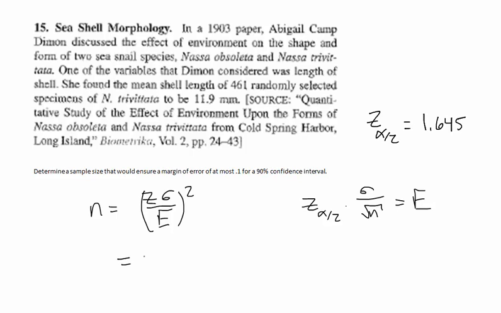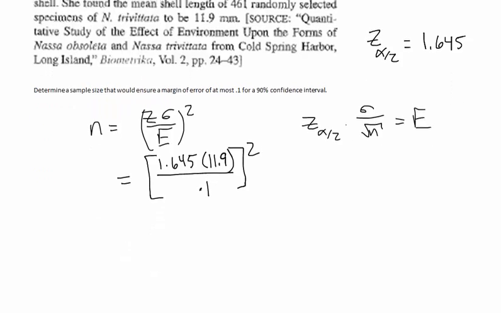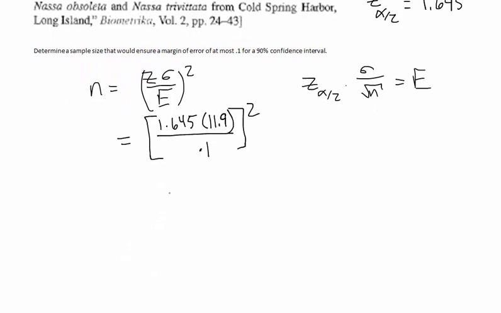So N is equal to 1.645 times sigma, which they told us is 11.9, divided by margin of error, which is 0.1, and all of this squared. And when we calculate this, we get 1,691.266.